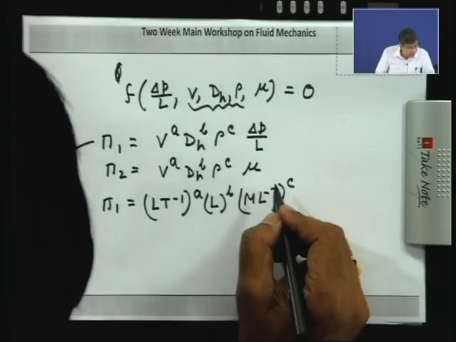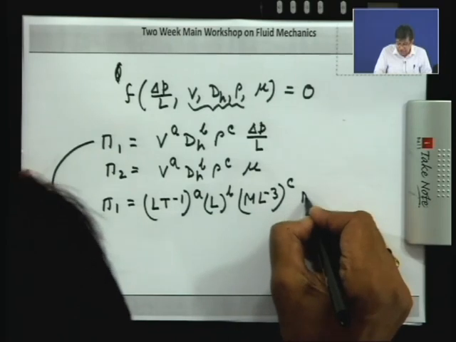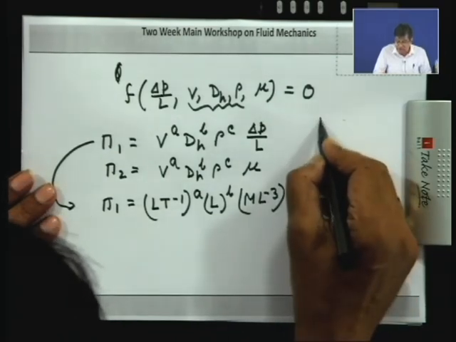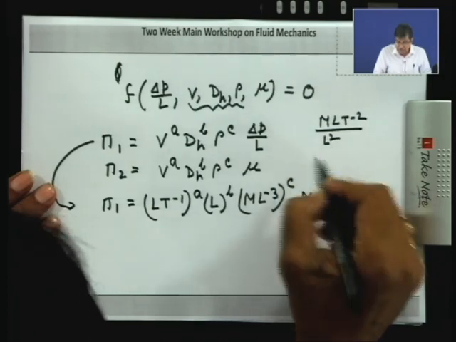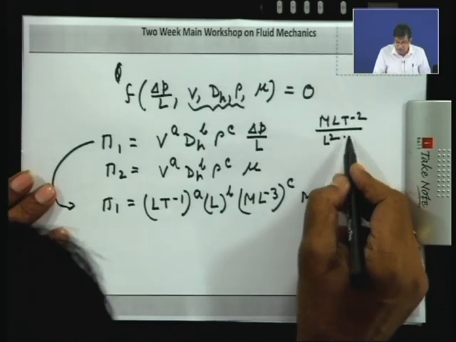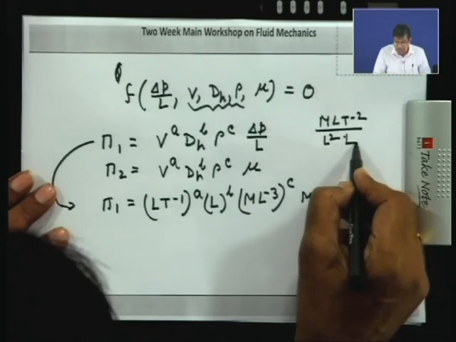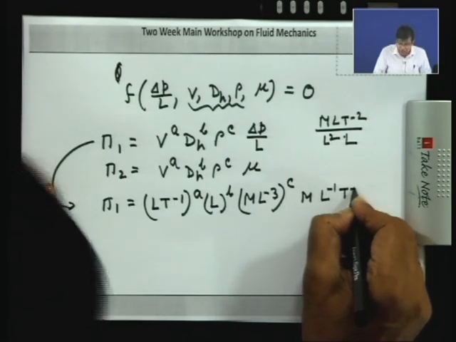You have to remember the force is M L T to the power minus 2. So pressure is force divided by L square, that is M L to the power minus 1 T to the power minus 2.